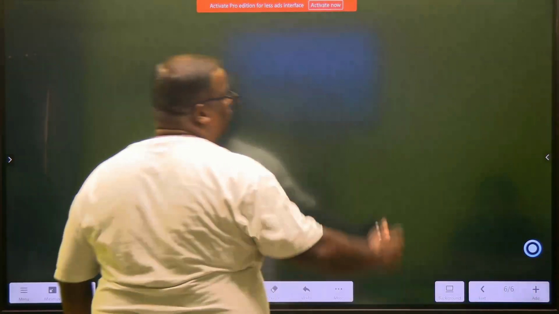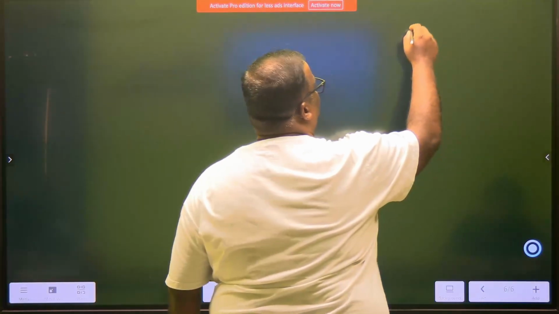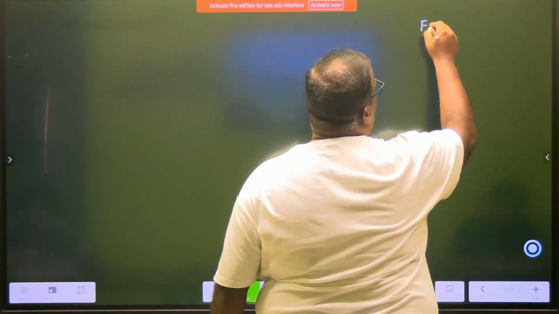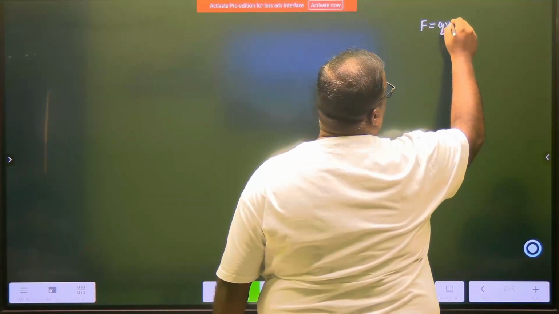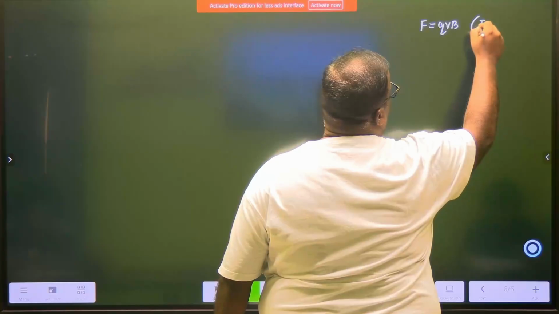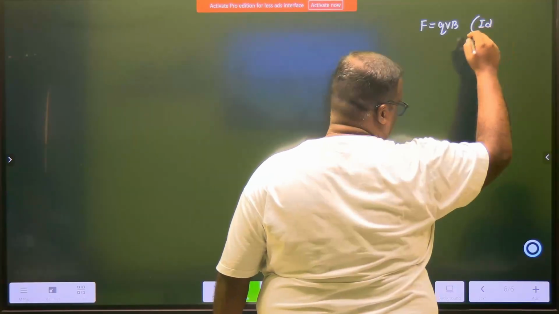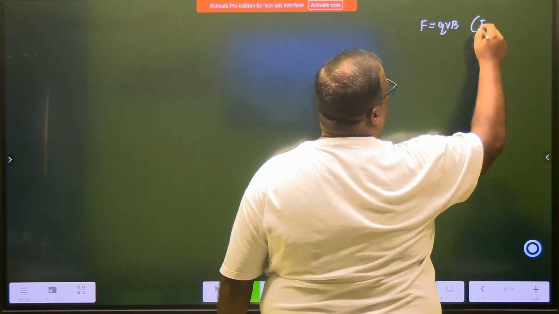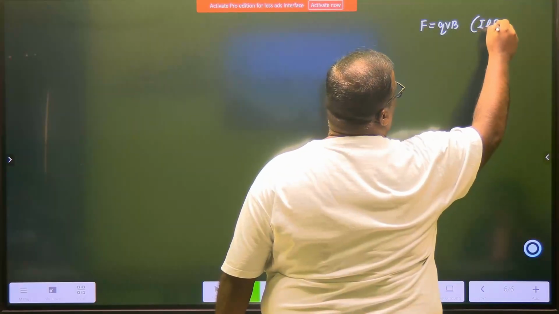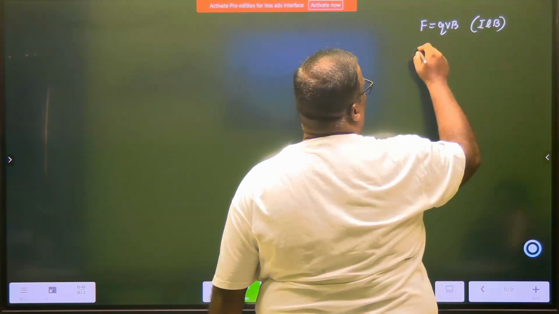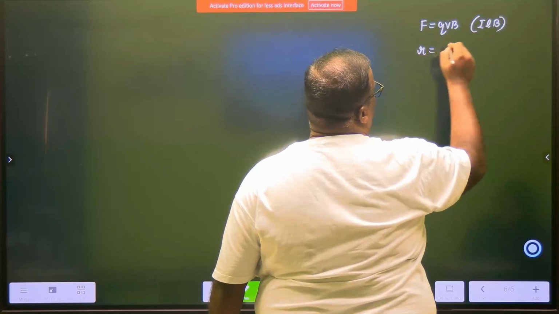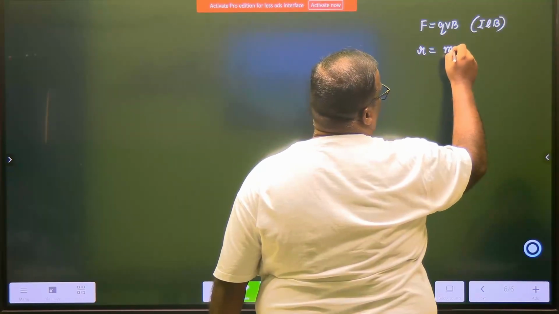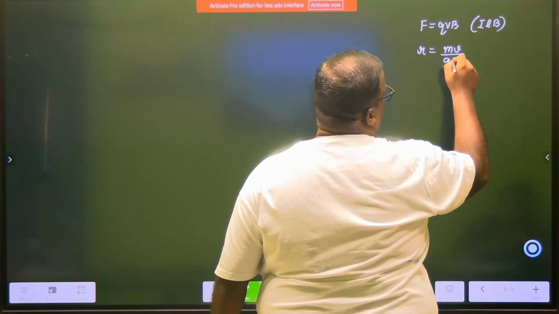So let's quickly write what all we have found so far. Force is given by QVB. In some cases, it is also I into L into B. We have found this one. Then what did we find? We found the radius. The radius is equal to mv by qB.